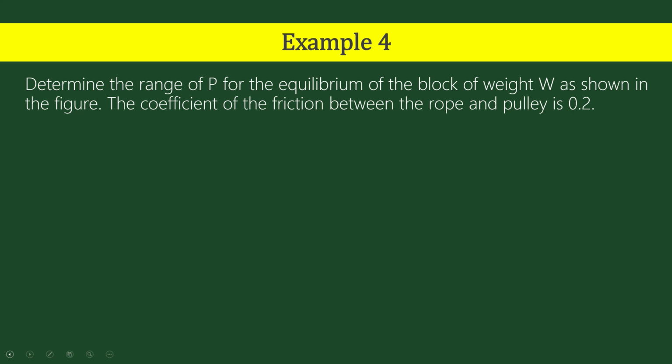So, see, example is same as that of earlier. Again we have to find out range of values of P, and range of values of P means here also we have to consider clockwise as well as anti-clockwise rotation of this drum or pulley whatever is given.